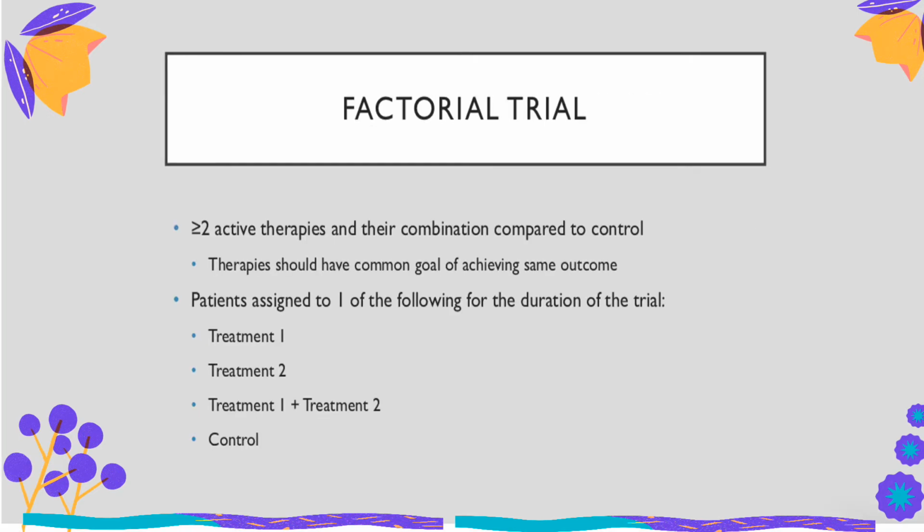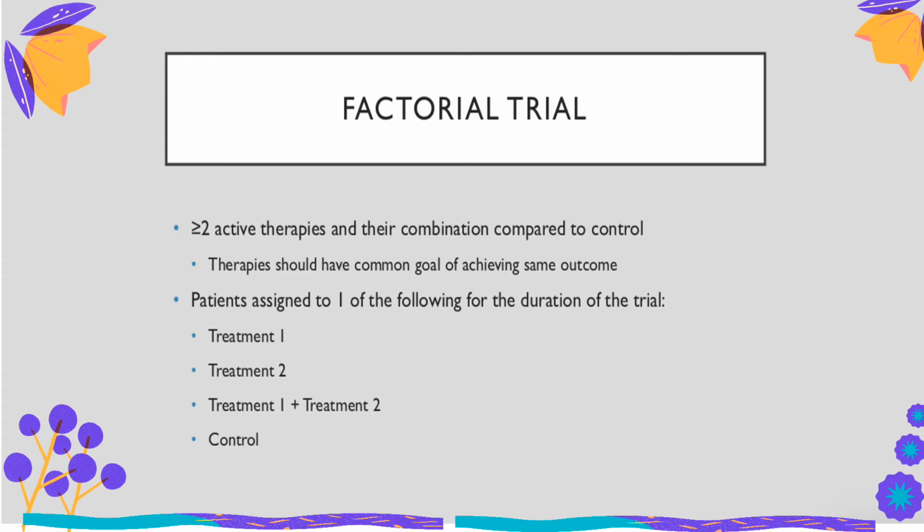The second type of RCT is the factorial trial. In this type of RCT, there are more than two active therapies and their combination is given to the patient and compared to the control group. Therapies should have a common goal of achieving the same outcome.